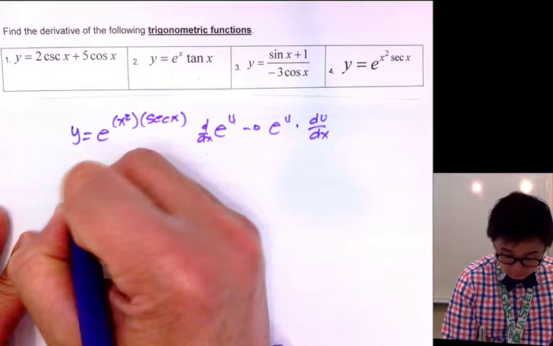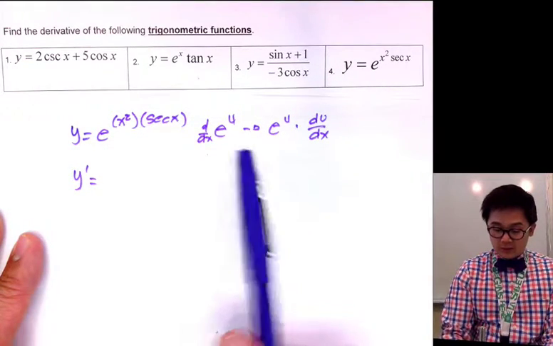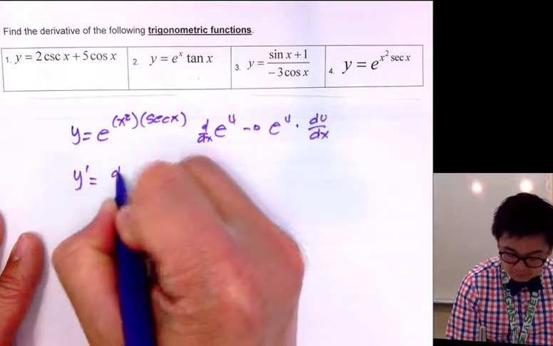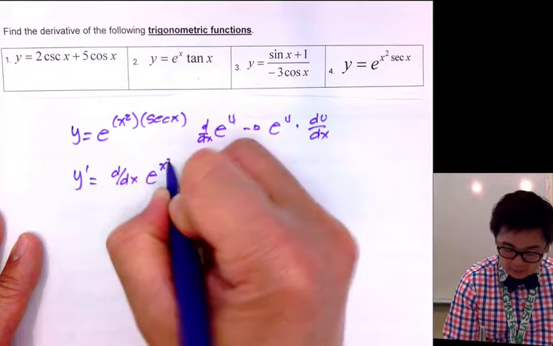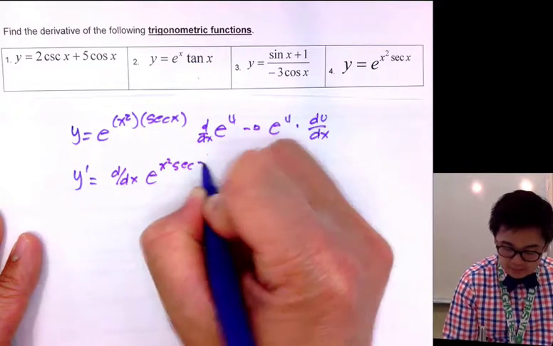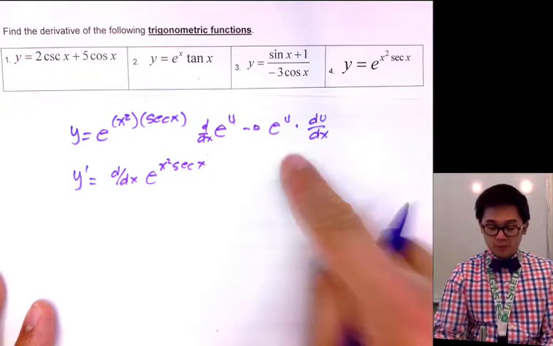So we'll have y prime is equal to the derivative d dx of e to the x squared secant x, which will be our formula right here.